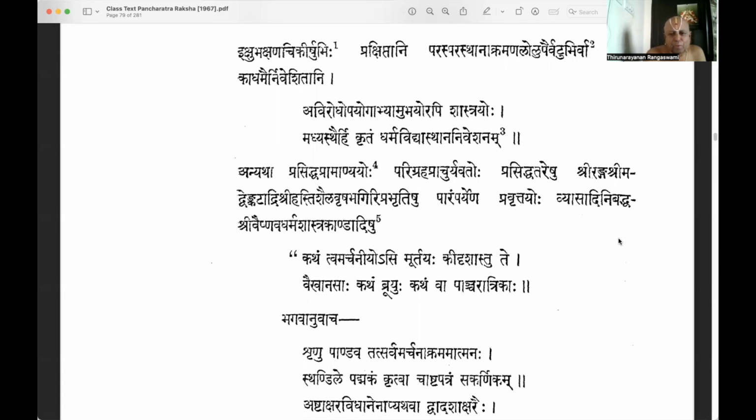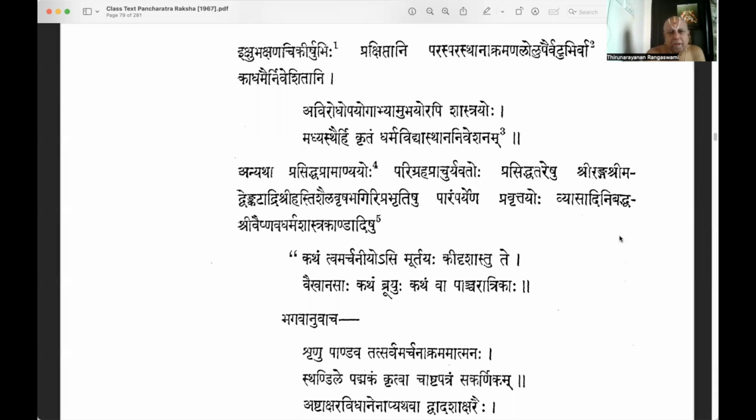And there are two types of sugar cane, in one there will not be a lot of juice, but another one will have a lot of juice. So prakshiptani, they are all interpolations, or even say extrapolations. They must be given up.